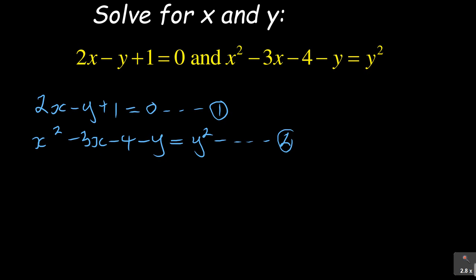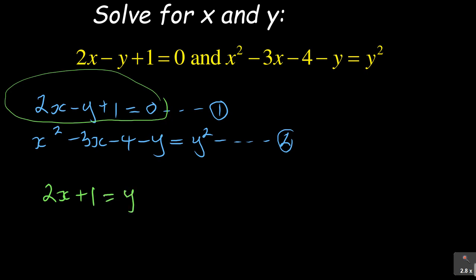So I'm going to use equation 1 to get my equation 3. In equation 1, I'm going to make y the subject. If I make y the subject, it will be 2x plus 1 is equal to y.